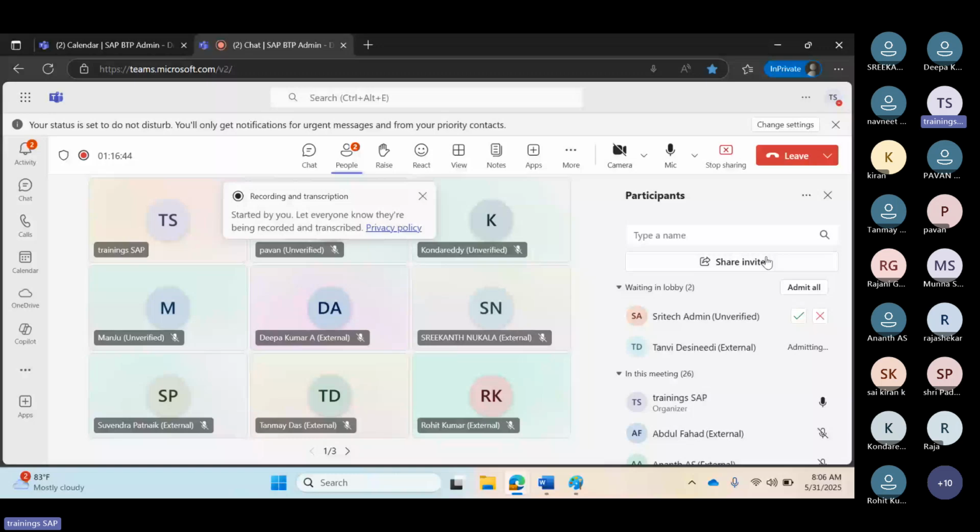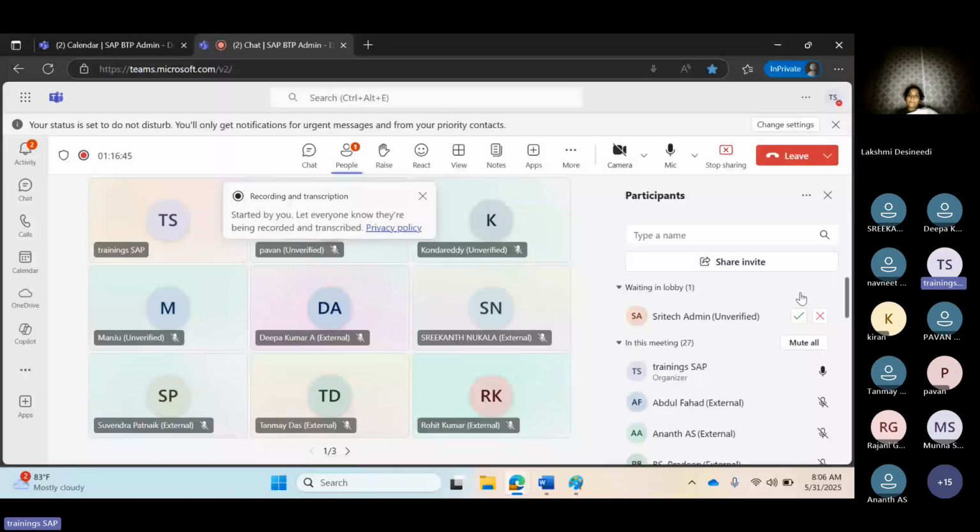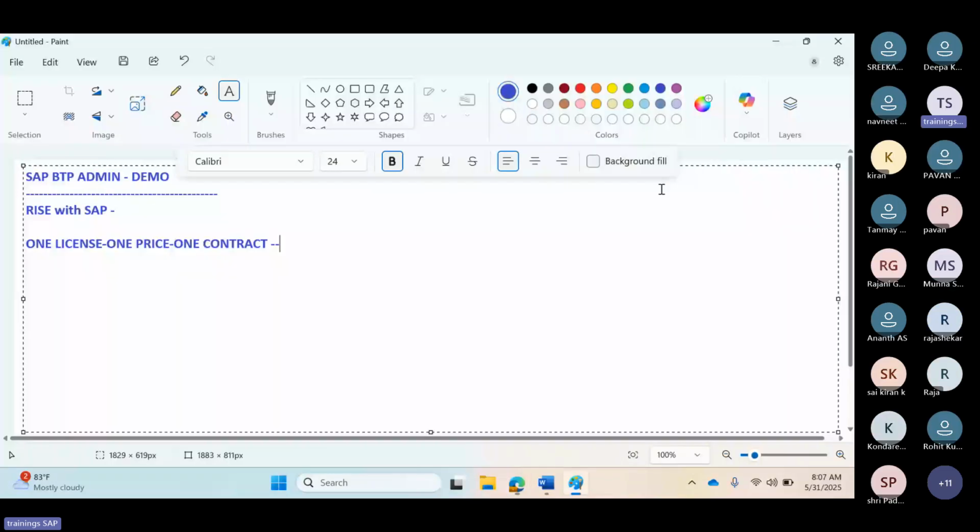So what exactly does this offering package contain? This contract, one offer for business, was introduced by SAP at the beginning of 2021. It's marketed with the name Rise with SAP. This bundle consists of the S4HANA Cloud Suite and Business Technology Platform. So BTP comes under the Rise with SAP offering package.